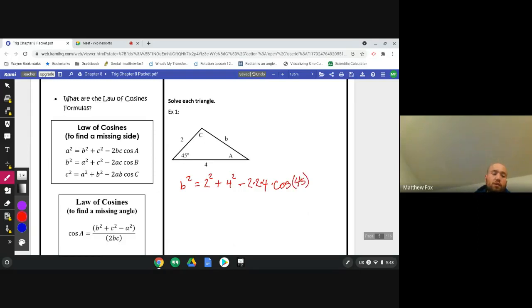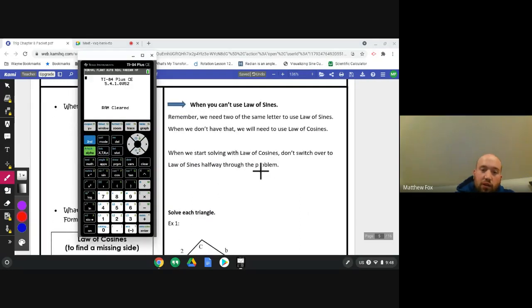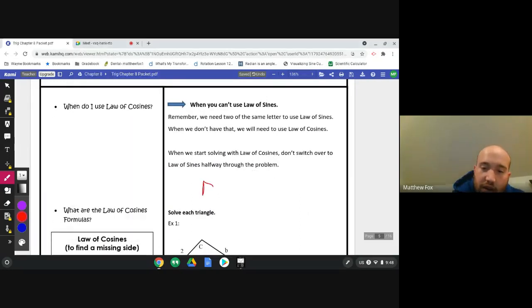Now, if we type this in, we will find what little b is, assuming we also take the square root of it all. When we're doing this, also keep in mind, we have to be in degree mode. Let me make a note up here. You need to make this note. This is the case for this entire chapter, but some of us are going to forget, and it will cost us.